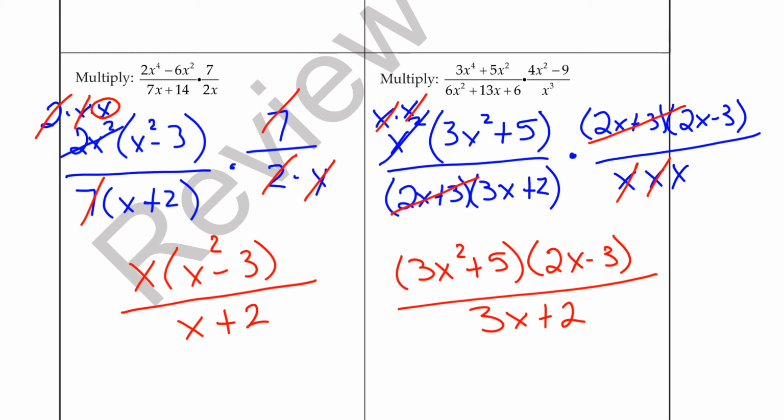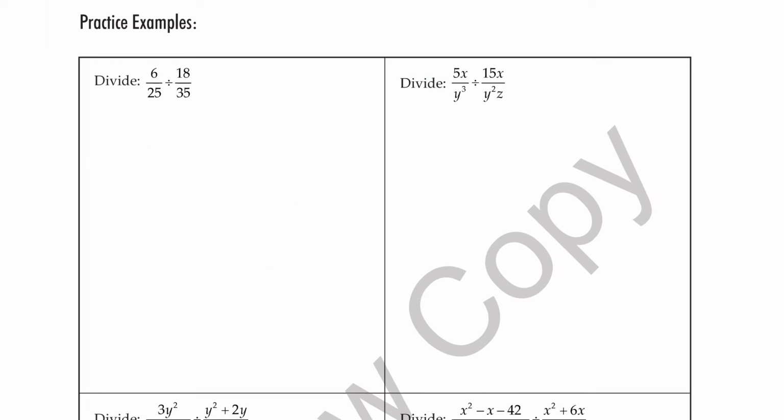All right, I think we have one more page. All right, we're going to work on some division here. Don't forget that dividing with fractions is keep it, change it, flip it. So you always flip this second fraction. We're going to first divide these up into factors.